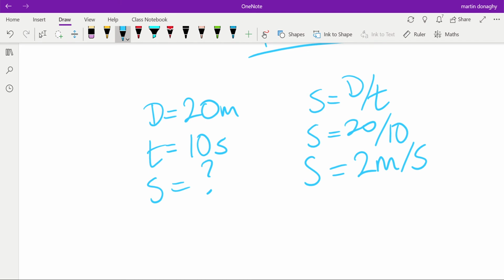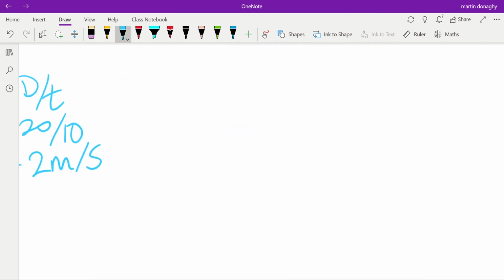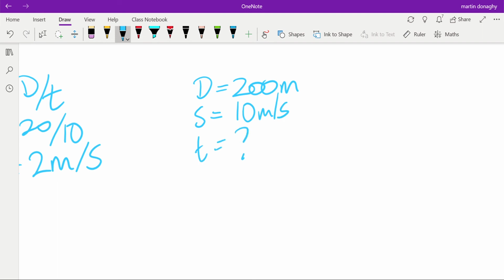Okay, let's look at something a little bit different. Let's say we have a distance of 200 meters and a speed of 10 meters per second, and we're trying to find the time. I would just write out the same equation again, speed equals distance divided by time. Write it out again, but put in my numbers, so speed is 10 equals distance divided by t.